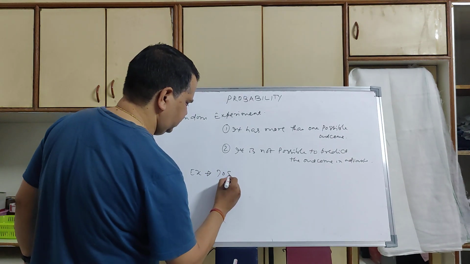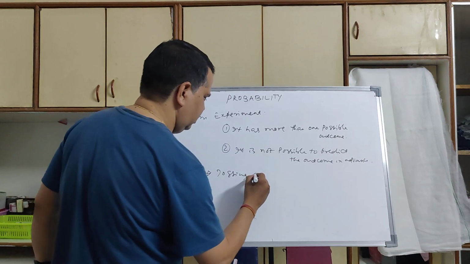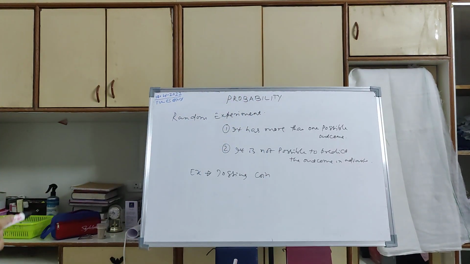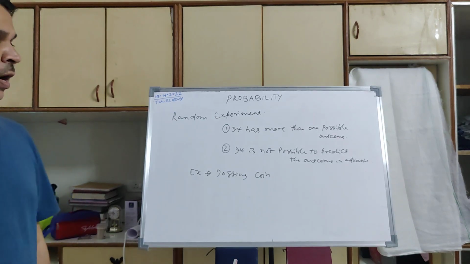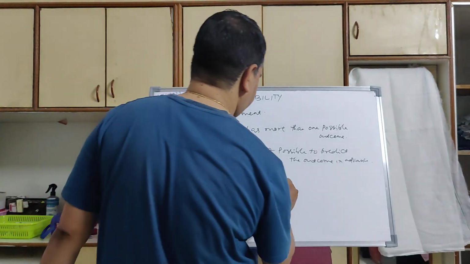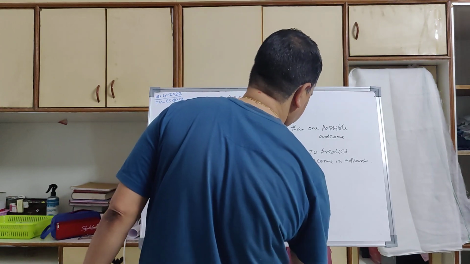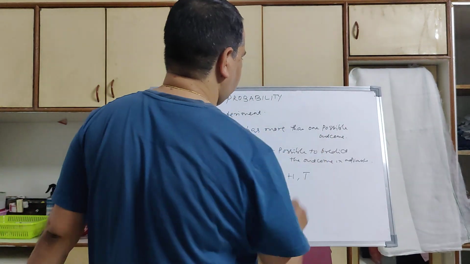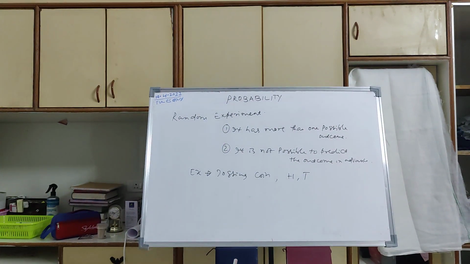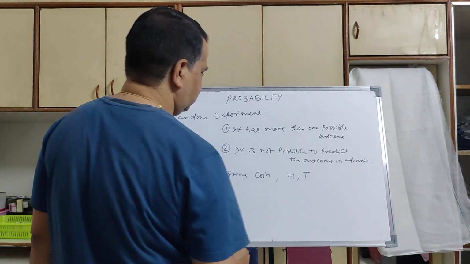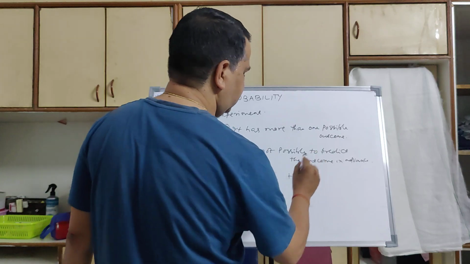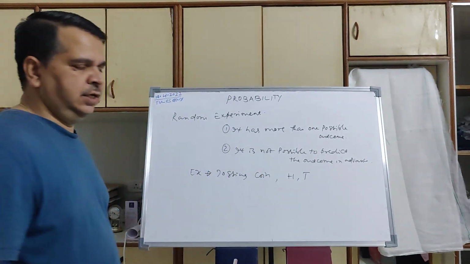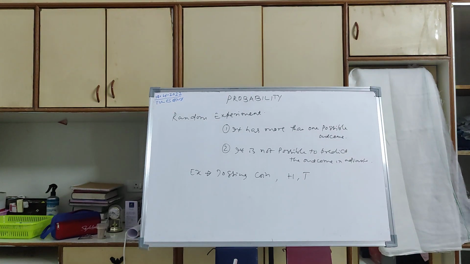Why is it random? Because it has more than one possible outcome. It can either be head or it can be tail. When we are tossing the coin, we are not sure whether head will come or tail will come. So tossing a coin is a random experiment.